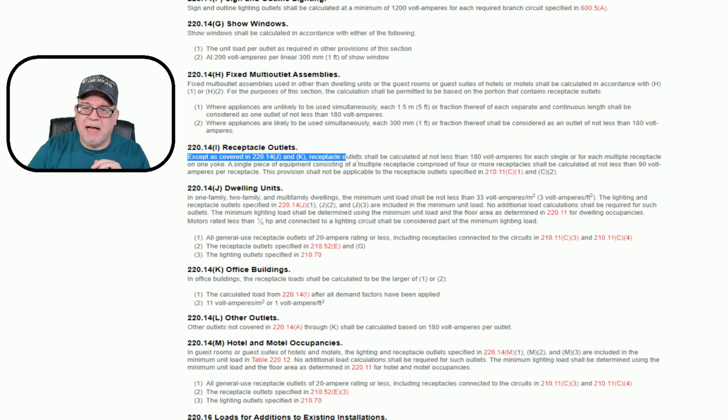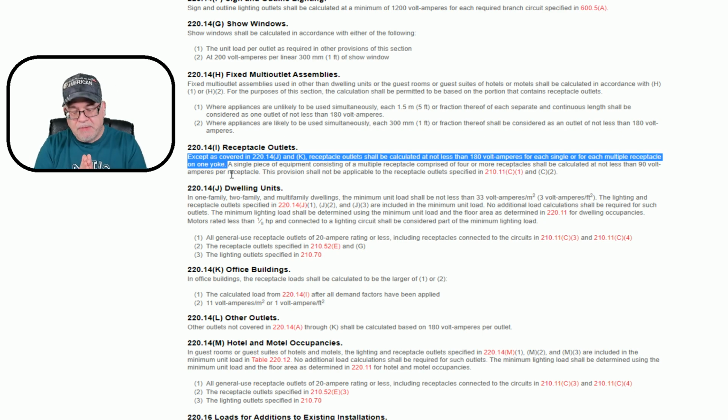It says receptacle outlets shall be calculated at not less than 180 VA, or volt-amperes, for each single or each multiple receptacle on one yoke. So if I have a single receptacle, we refer to as a simplex, on one strap or yoke, then it's 180 VA.